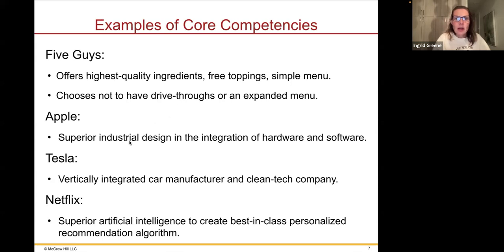Apple's core competency is superior industrial design, integrating hardware and software. Tesla has vertically integrated car manufacturing, creating the whole car from start to finish, and it's a clean tech company. And Netflix uses AI to create a best-in-class personalized recommendation algorithm.